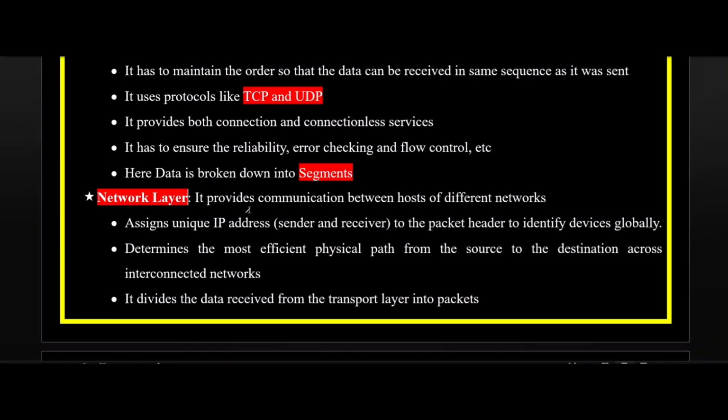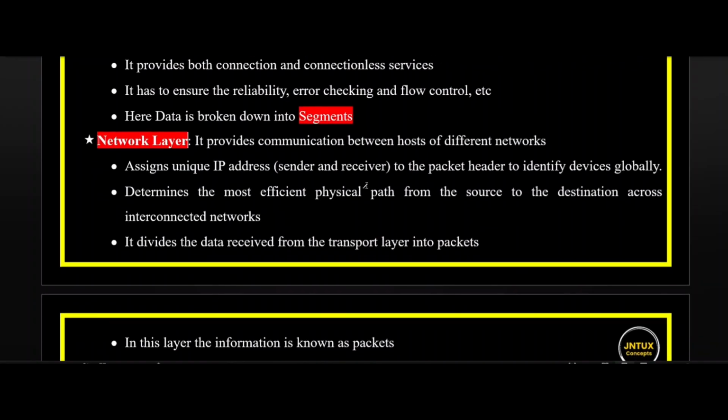The next layer is the network layer. This layer provides communication between hosts on different networks. It assigns unique IP addresses, of both sender and receiver, to the packet header to identify devices globally. It determines the most efficient physical path from the source to the destination across interconnected networks.